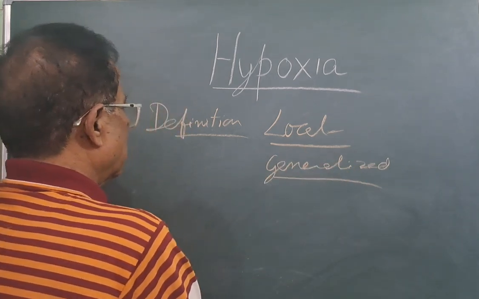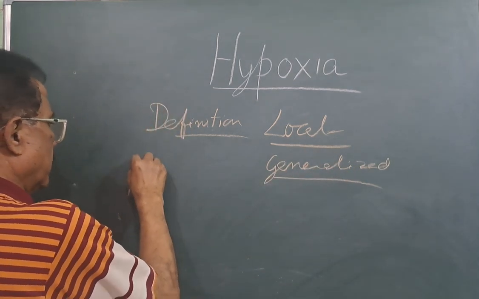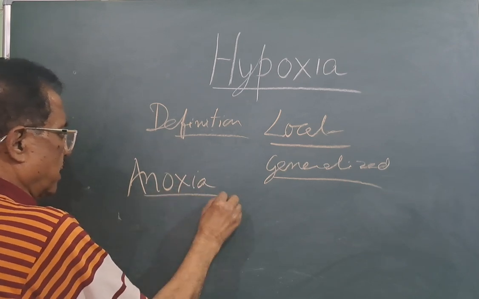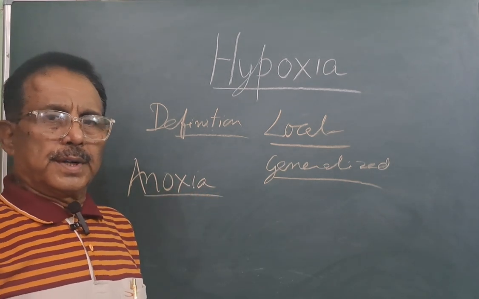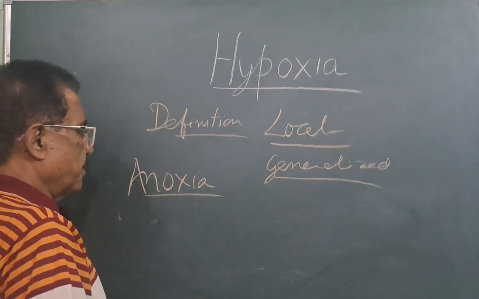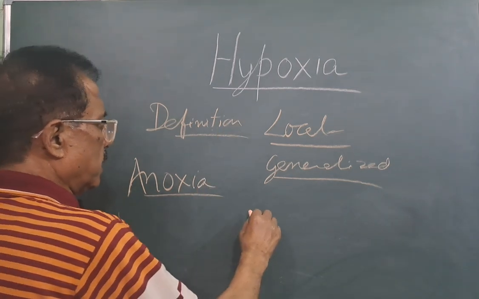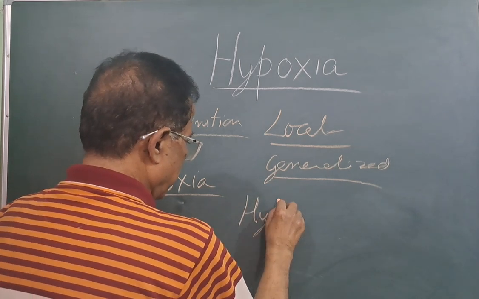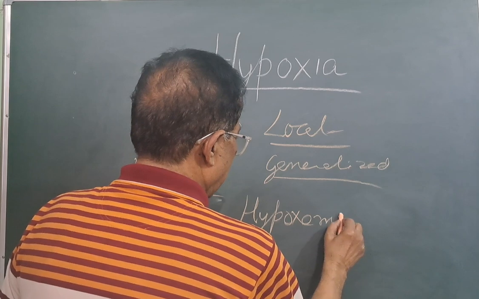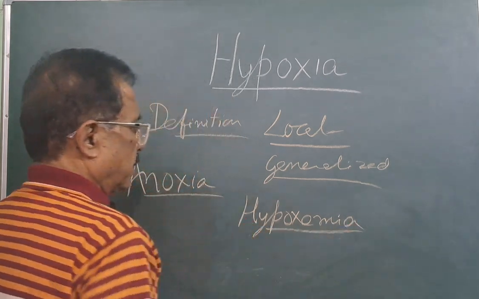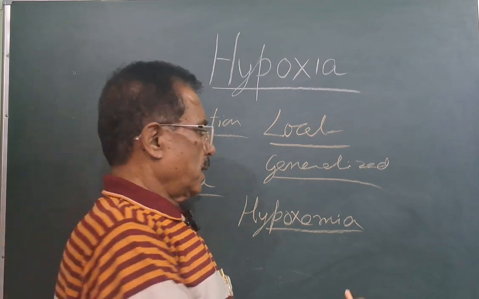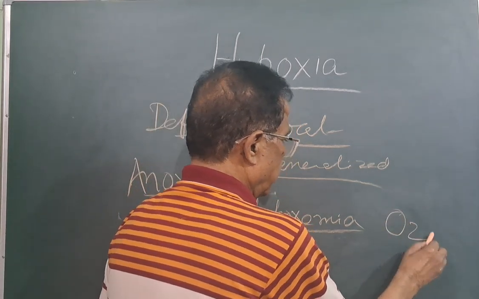Now, anoxia. What is anoxia? Anoxia is complete cessation of oxygen to tissues. Complete cessation. That is anoxia. Now, one term is hypoxemia. That is a reduced amount of oxygen in blood.